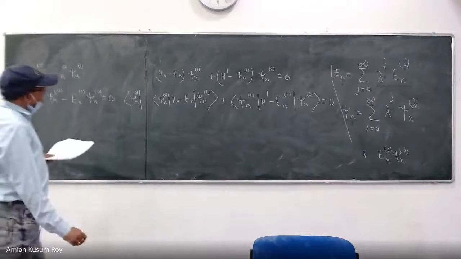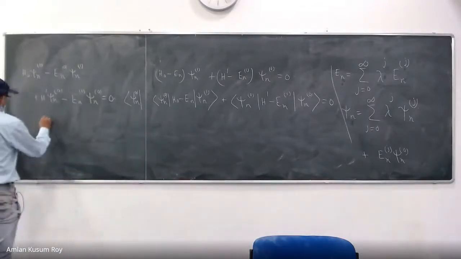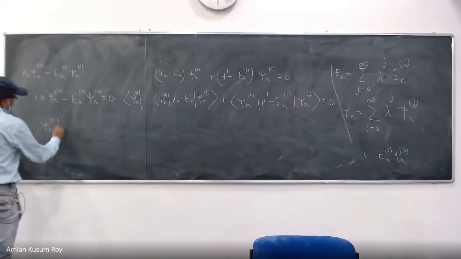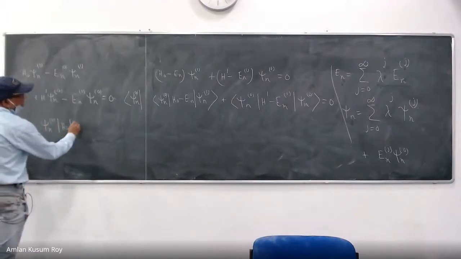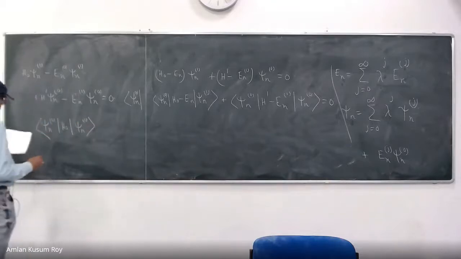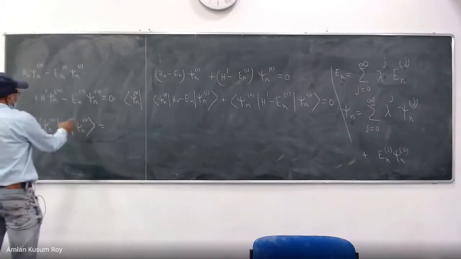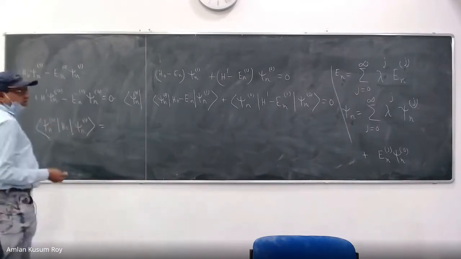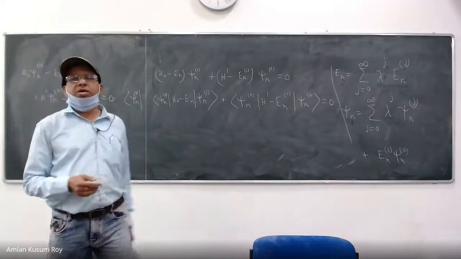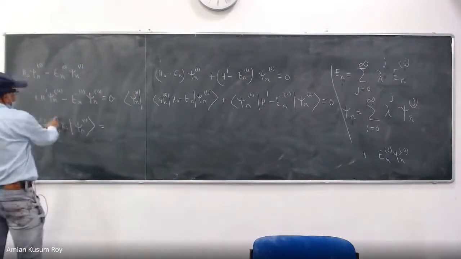Now consider psi n0, H0, psi n1, the first term. You can write this by moving H0 across, because your H0 is Hermitian. You can use that, right? So eventually I will get H0 psi n0 with psi n1.